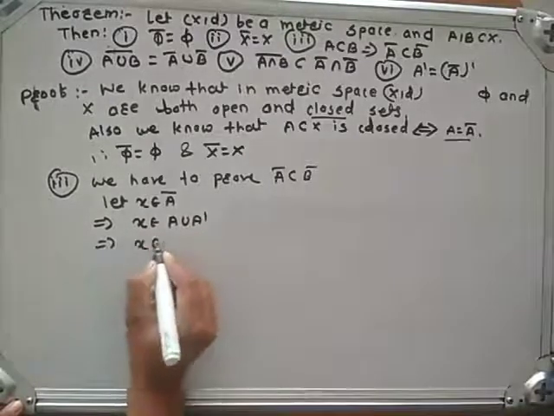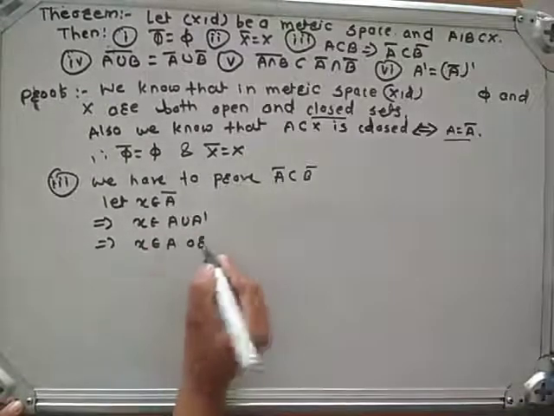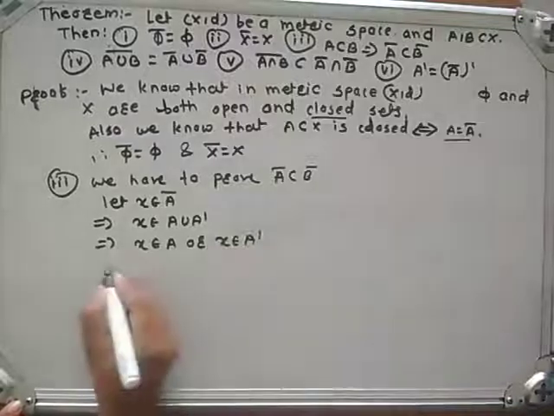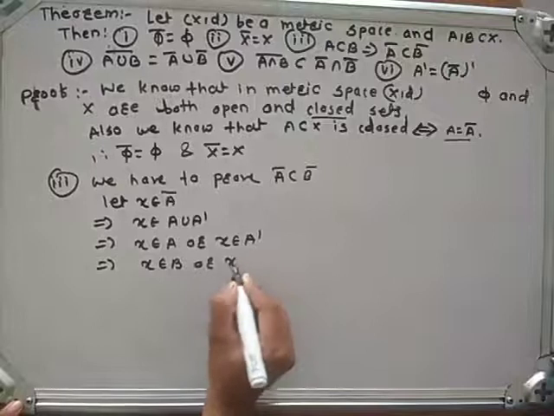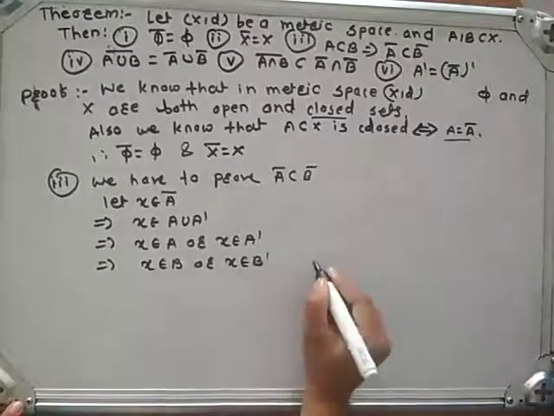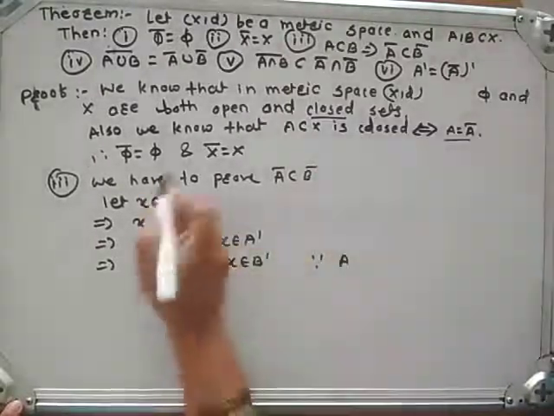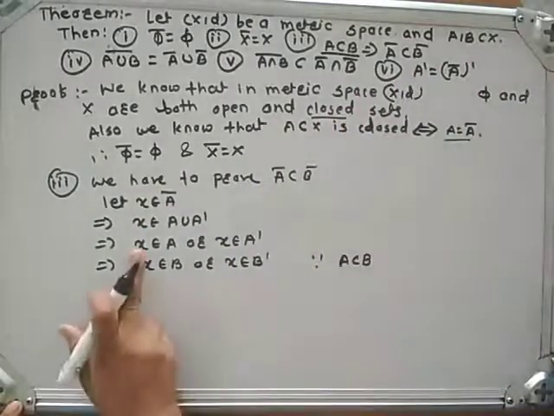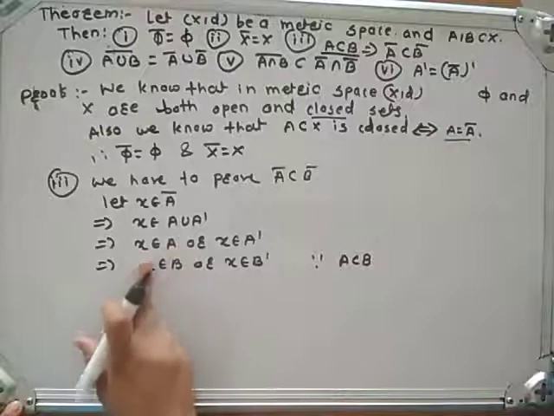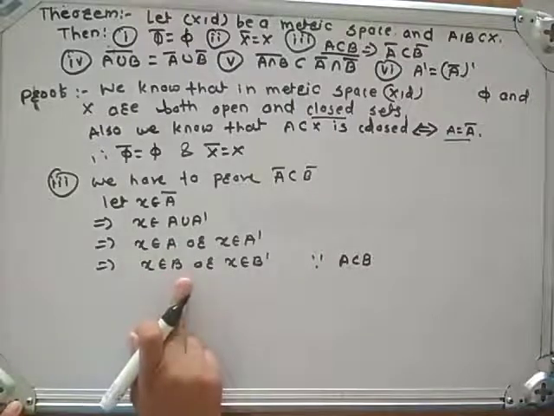That implies x belongs to A or x belongs to A dash. Because A is a subset of B, if x belongs to A, that obviously implies x belongs to B.